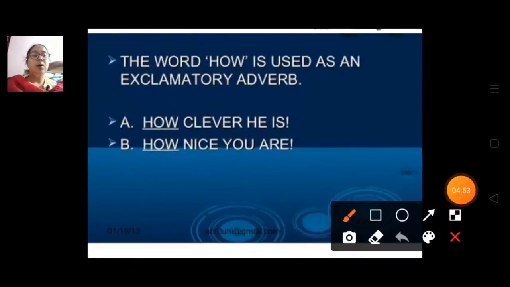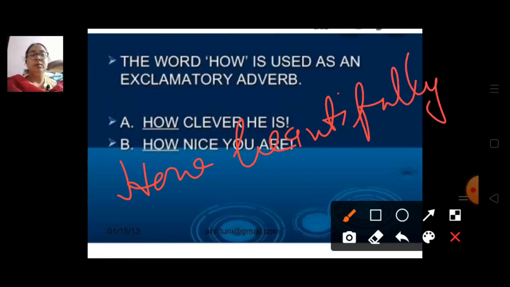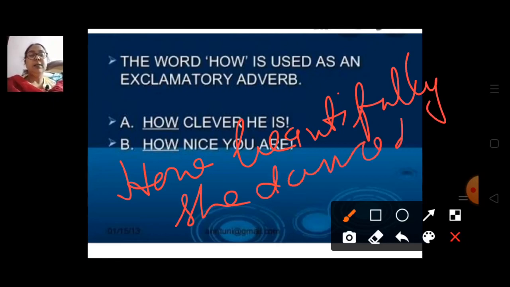Here the exclamation mark will be there. Now here you can see how is used. So it is expressing degree or extent in the exclamation.